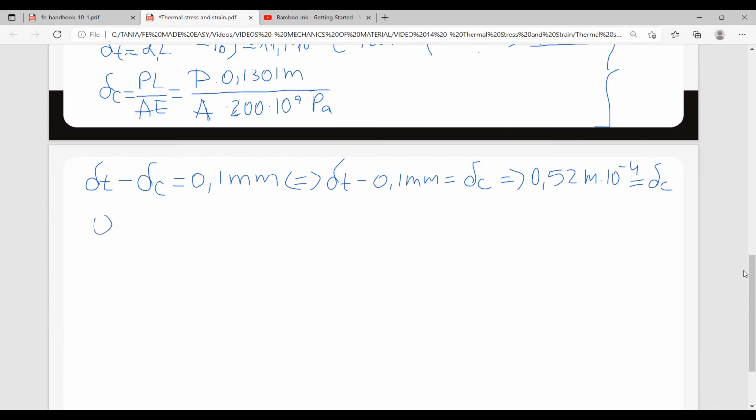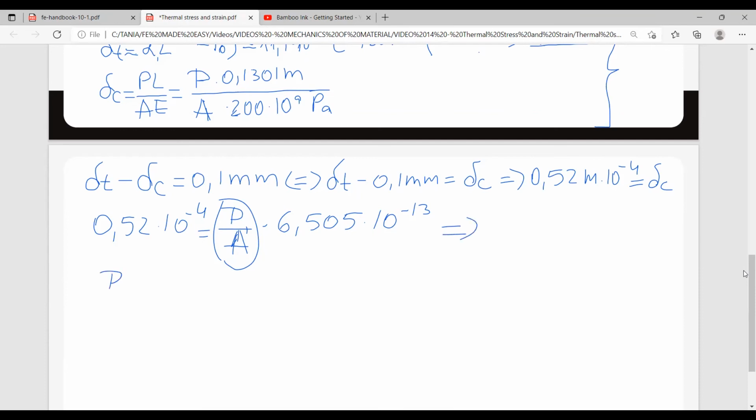We'll have 0.52 times 10 to the minus 4 meters equals P over A times, let's do the calculations up there, 6.505 times 10 to the minus 13. From here, we can calculate P over A, which is the stress that the problem is asking us to calculate.